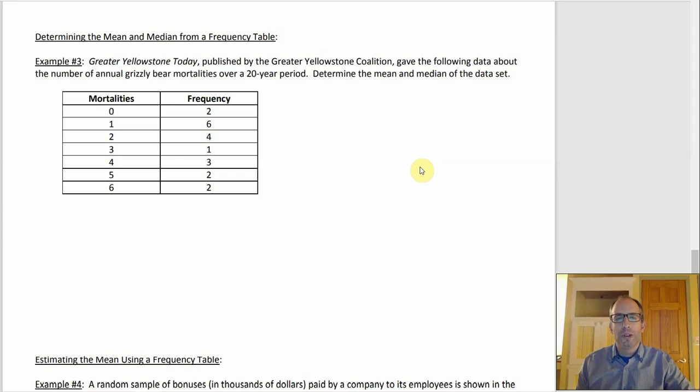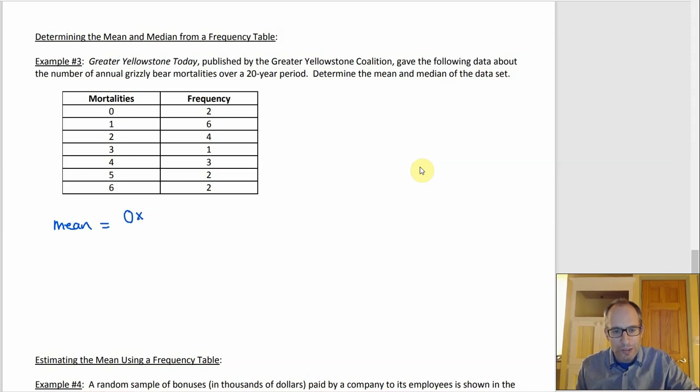Well, if you use just how the frequency table would be constructed, what this is telling us is there are 2 zeros, 6 ones, 4 twos, 1 three, and so forth, right? So to compute the mean, instead of adding up all the individual numbers, we can use multiplication.